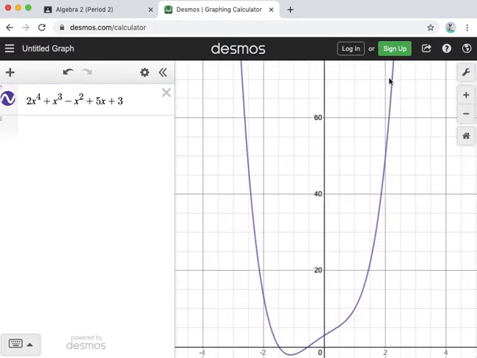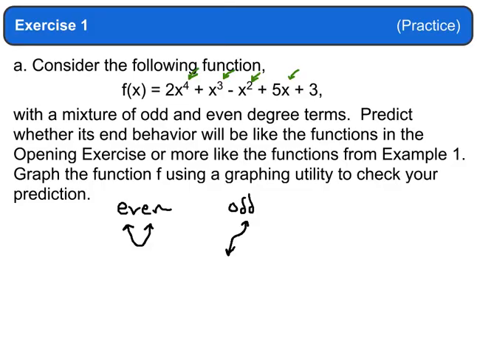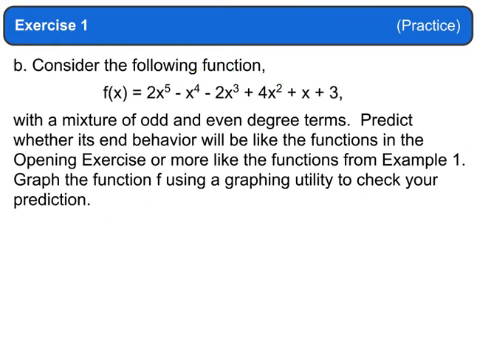It seems like both endpoints are going up. And so this would have the characteristic of an even function. So this is the characteristic that it tends to follow. And you'll note that it tends to follow the exponent of the leading degree. And so since the largest degree is a 4, we end up with an even function.